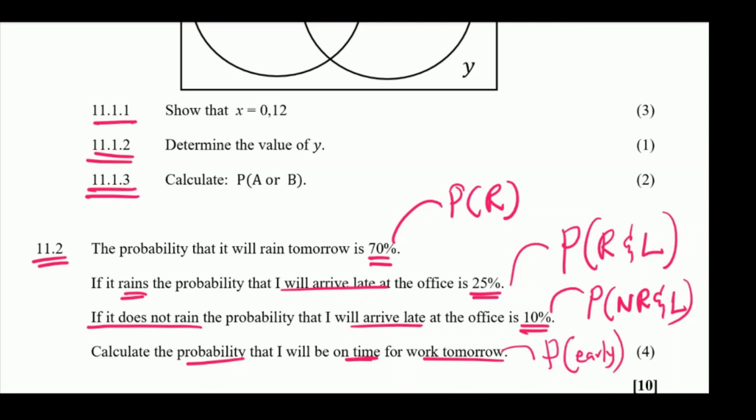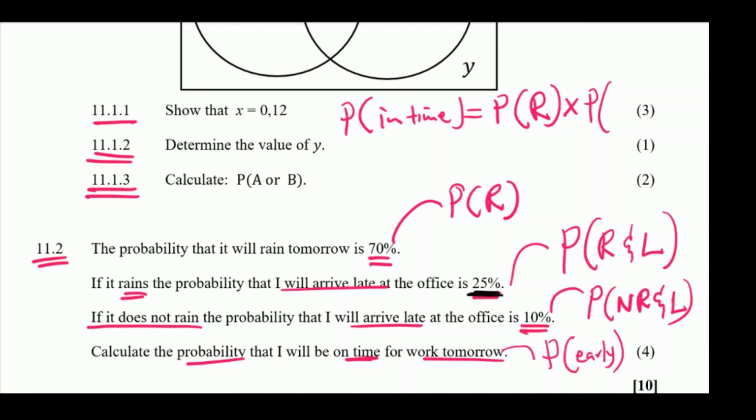So to find the probability that I'll be on time at work, you're going to multiply the probability that it will rain with the probability that you will arrive early. How do you find early?